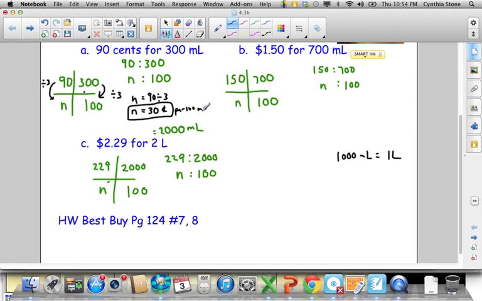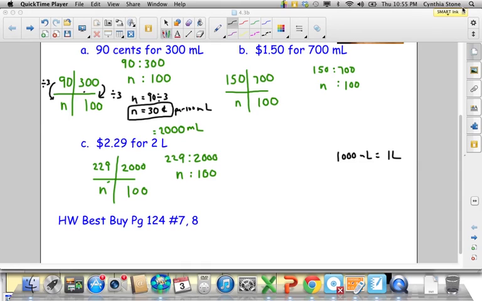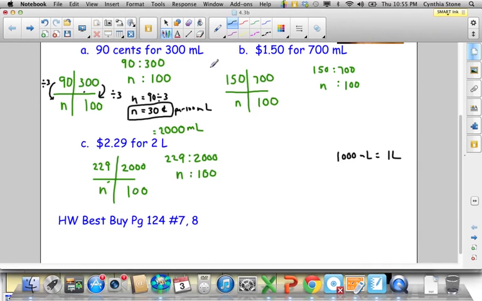It's messy, but that's supposed to say per 100 mil. If we did the same thing over here, 700 to 100 is divided by 7. So I have to divide by 7 to get N. N equals 150 divided by 7.